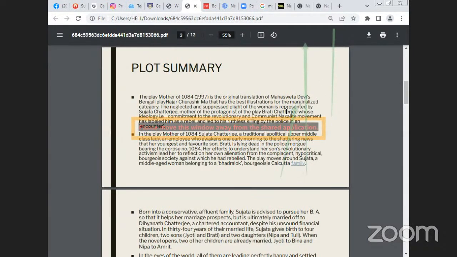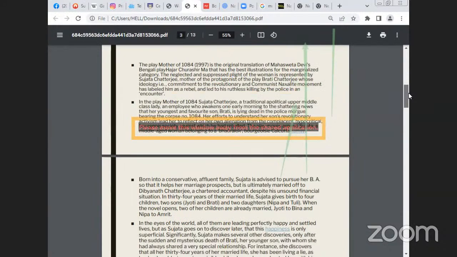I am receiving some remote control, this and that. Is my voice audible to you? There is some arrow mark. Hello. Is my voice audible?